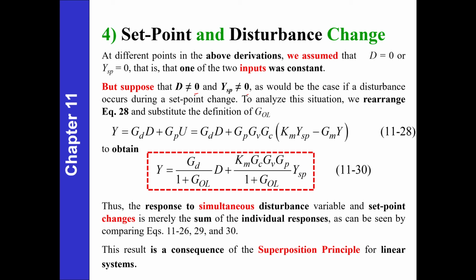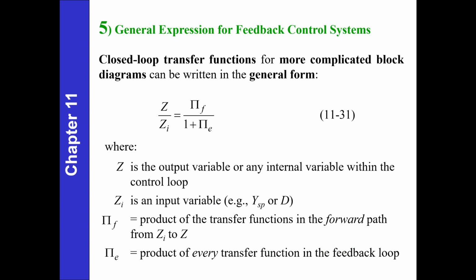That's why we assume for the set point change, d equal to 0, and for the disturbance change, Y sp equal to 0. And a combination of this should be this one.